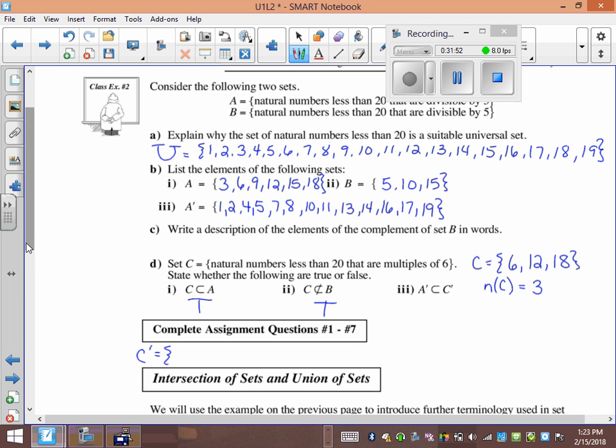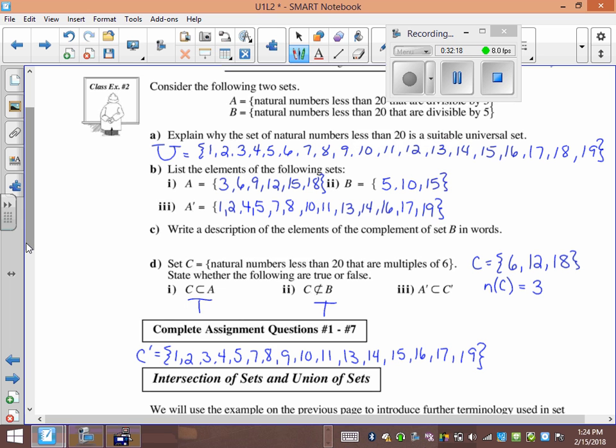You can write out, not see. Okay. So the complement of C is everything but 6, 12, 18. So we have 1, 2, 3, 4, 5, 7, 8, 9, 10, 11, 13, 14, 15, 16, 17, and 19.